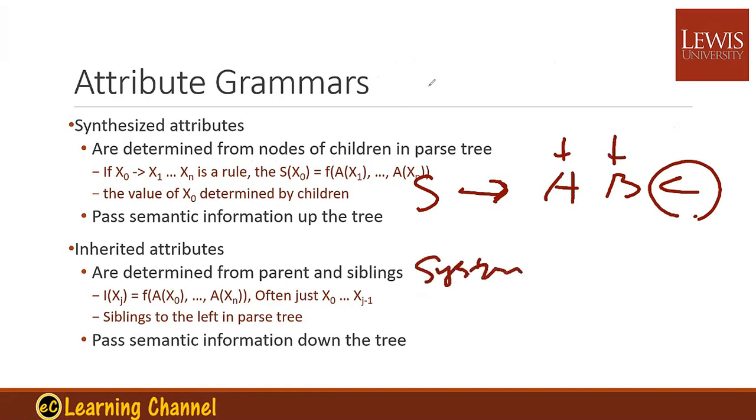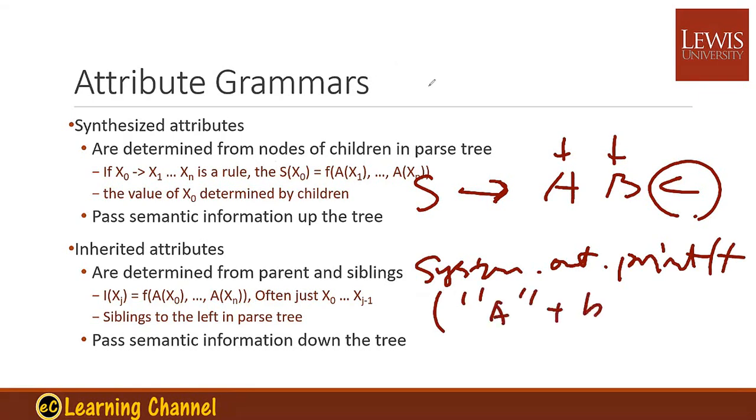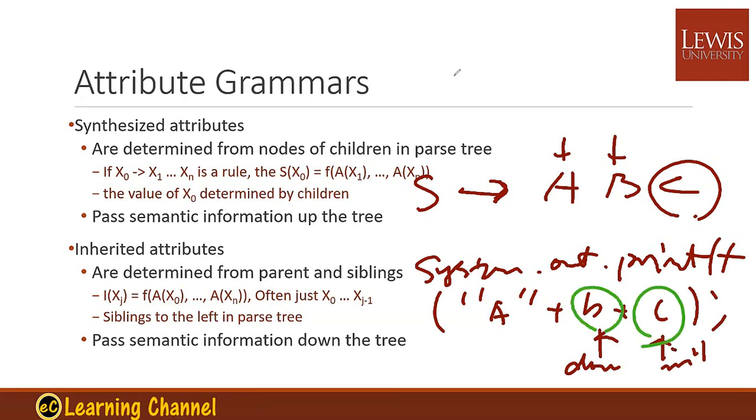System.out.println, you do double quote A plus B plus C. This C may be double, maybe integer, right? But when you do plus, this becomes a string, right?